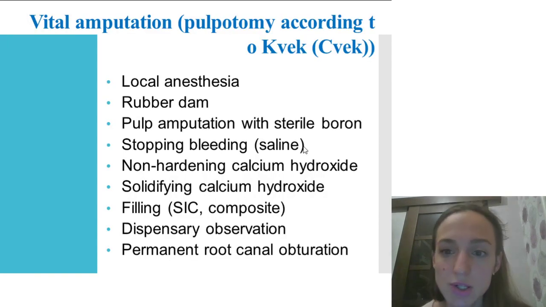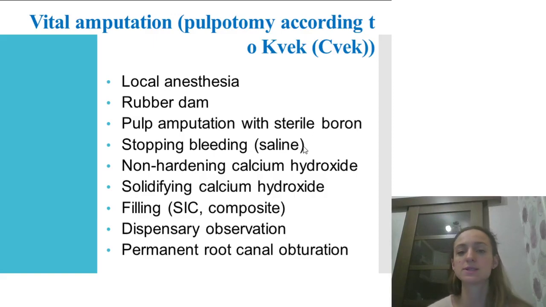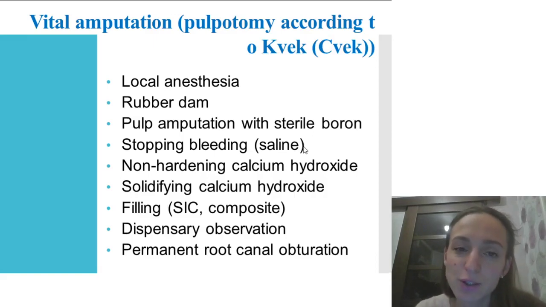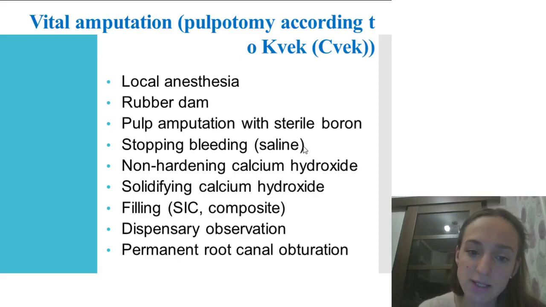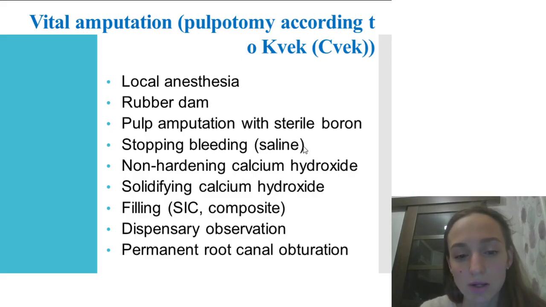Then vital amputation. It is a pulpotomy according to Queck. You should do it under local anesthesia, then isolation with rubber dam, pulp amputation with a sterile burr, then stopping bleeding, non-hardening calcium hydroxide, solidifying calcium hydroxide, then filling.